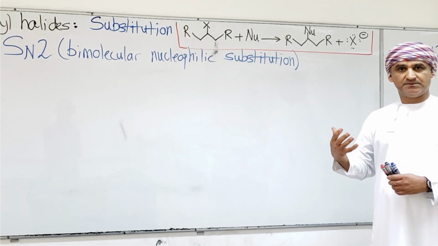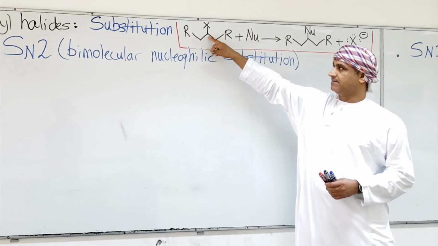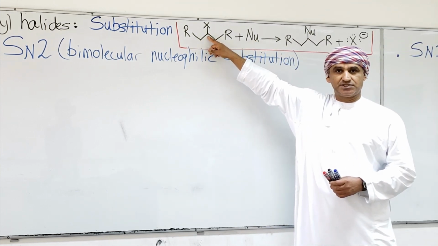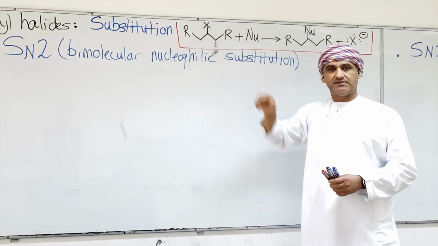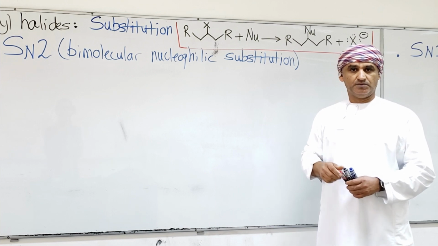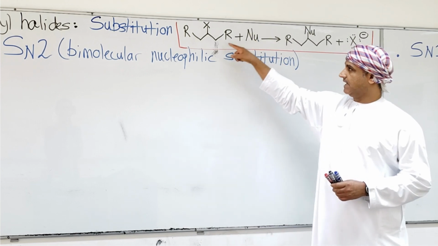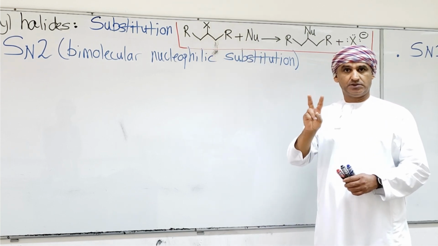One mechanism is for the nucleophile to come and attack this carbon directly, so nucleophilic attack on this carbon, followed by the departure of the leaving group. Okay, so nucleophilic attack, departure of the leaving group, two steps.